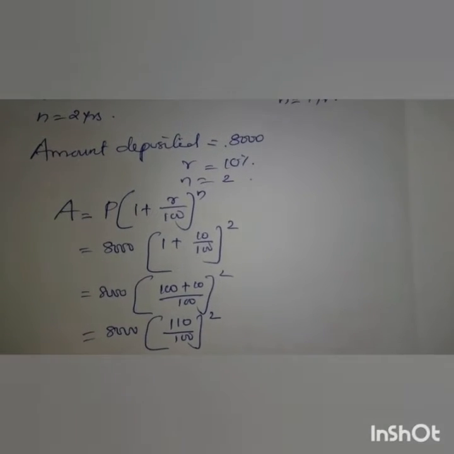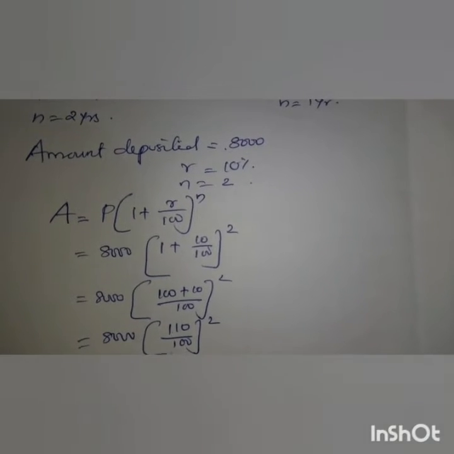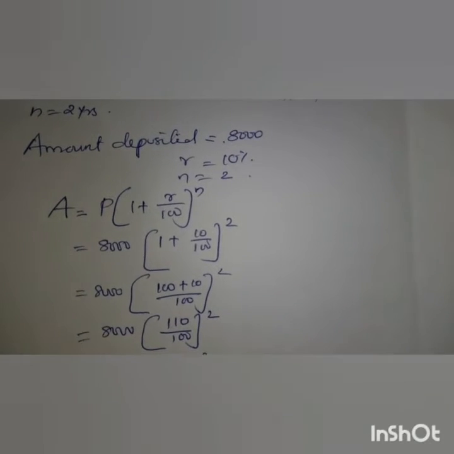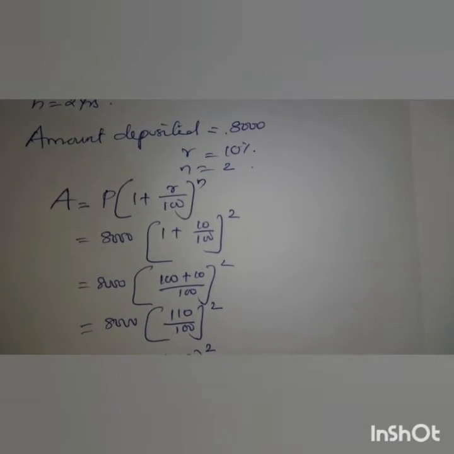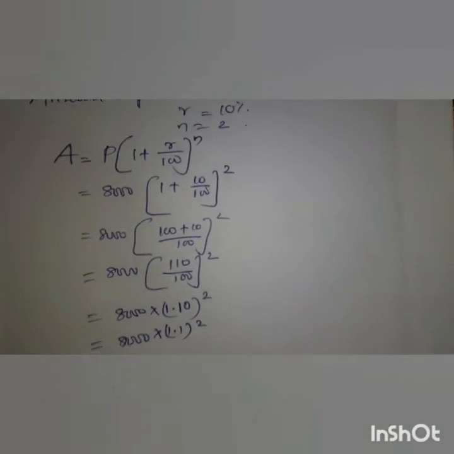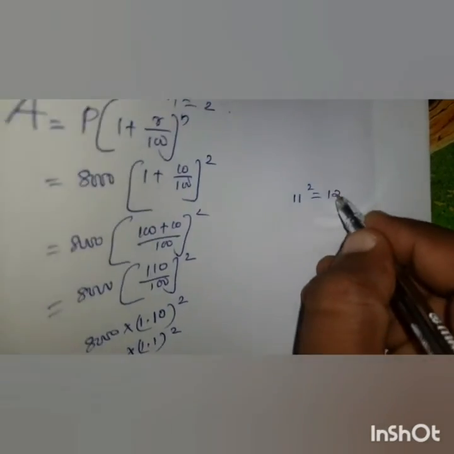This we can write as 8,000 into 110 by 100, which means 2 decimals, so 1.10 square. 1.10 square means 1.1 square we can write down. You know the square of 11. 11 square is 121.